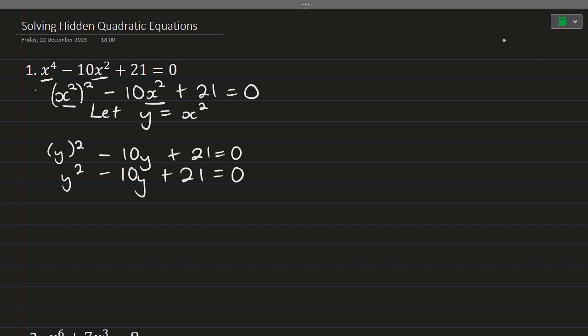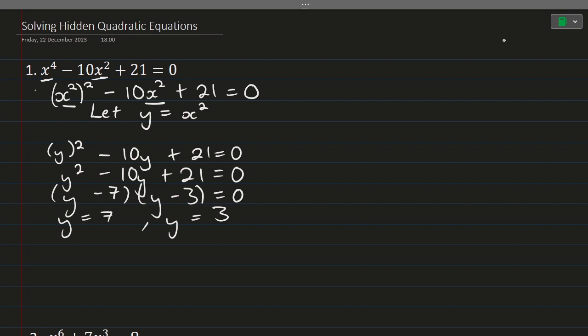Now let's solve this by factorization. That's negative 7 and negative 3. So y is equal to 7 and y is equal to 3.